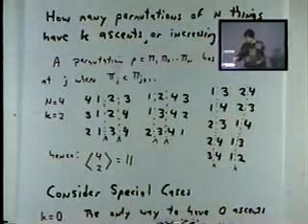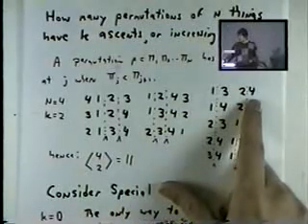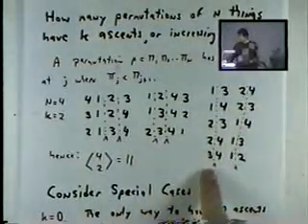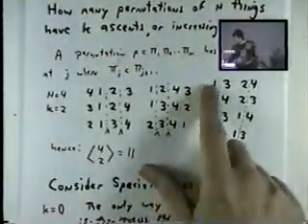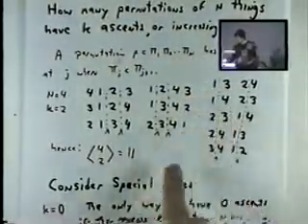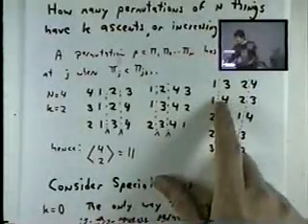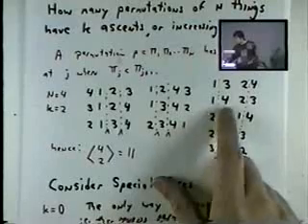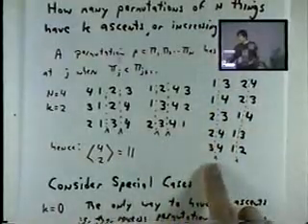If we're going to have 2 ascents, my first claim is that the first number cannot be a 4. If there's an ascent after the first one, our choices are a 1 and a 3, a 1 and a 4. These are the only possible ascents you can have for the first choices, correct?